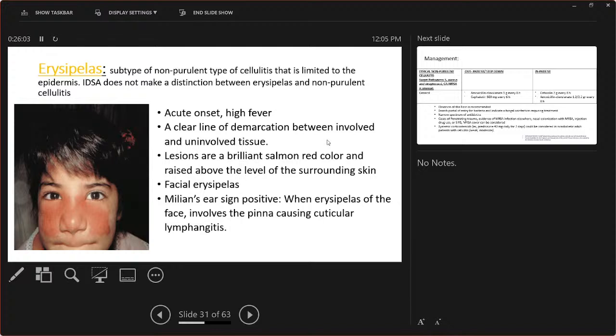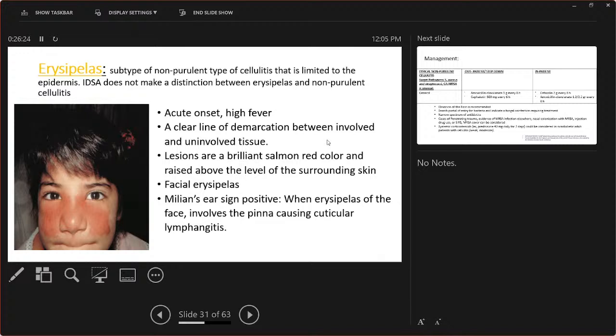Erysipelas is a subtype of non-purulent cellulitis, which is most commonly seen in children. Unlike the classic cellulitis, wherein it's poorly demarcated, here there's a clear line of demarcation between the involved and not involved tissue.